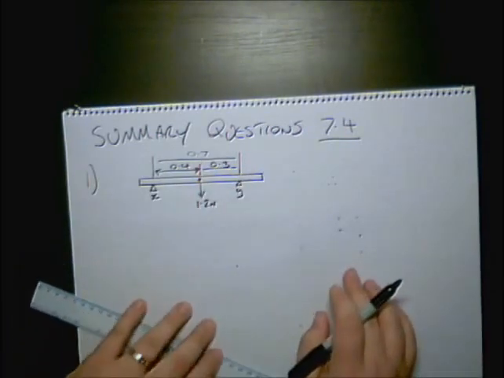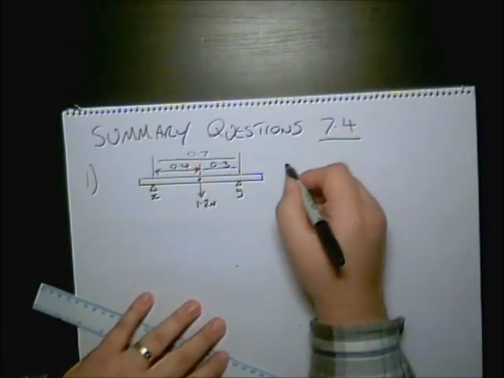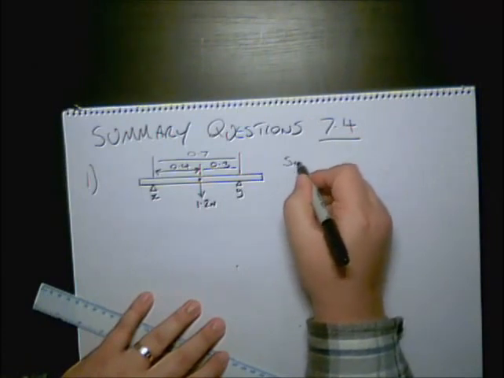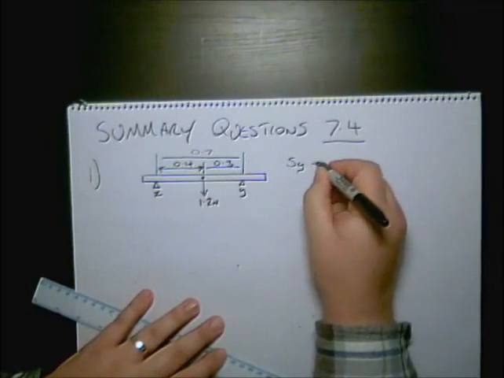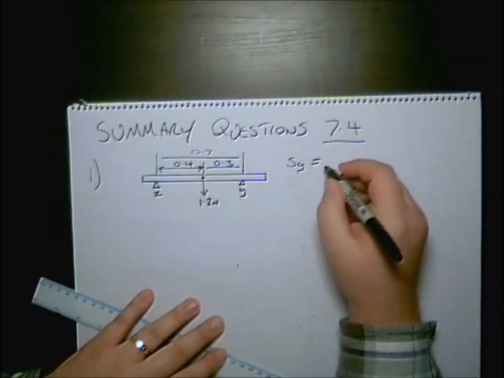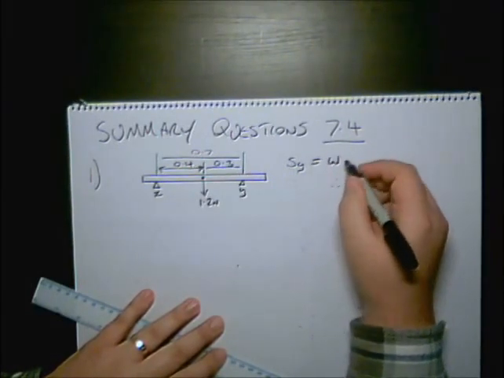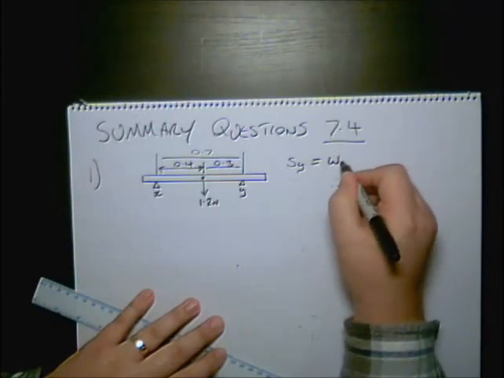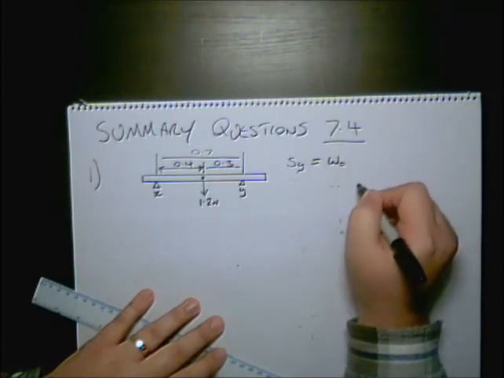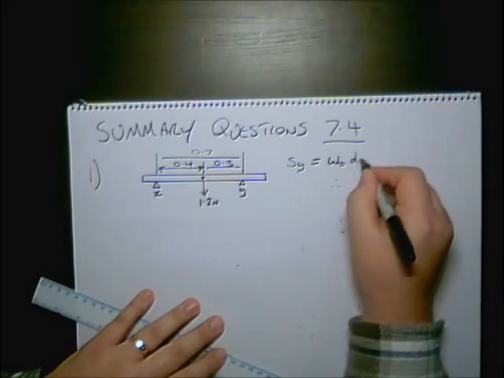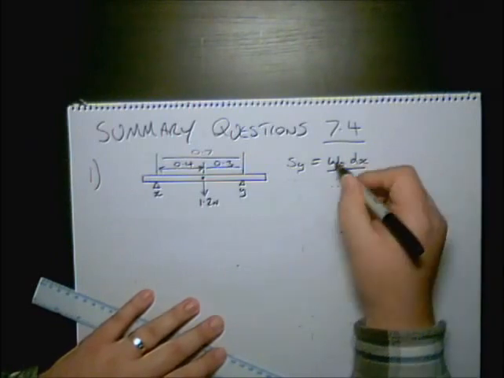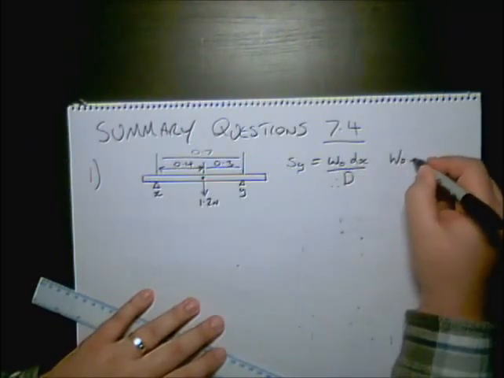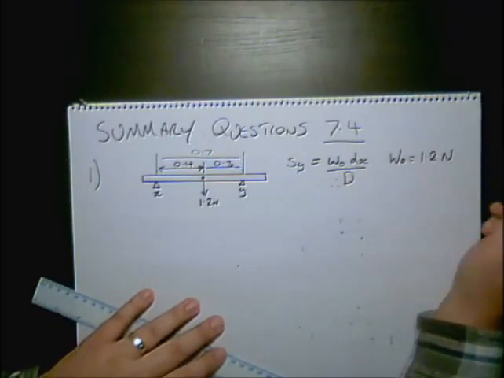Now, how do we work this out? Well, we say that the support force felt at Y, so SY, will be equal to W, well, you might call it W0 in this case because it's the weight of the ruler, but obviously if there was a weight, it would be that, times dx over big D. Let's look at these terms. W0 is equal to 1.2 newtons, the weight of the ruler.